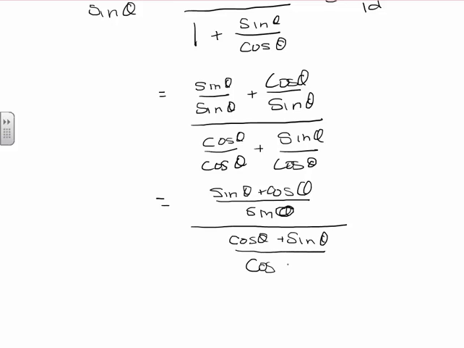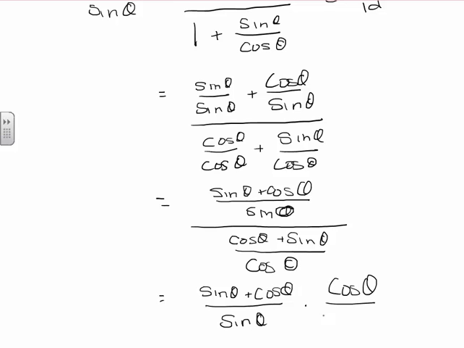So again, when I have fractions on fractions, if I take the reciprocal of the second term, I can make it multiplication. So here I have sine theta plus cos theta all over sine theta, multiplied by cos theta over cos theta plus sine theta.